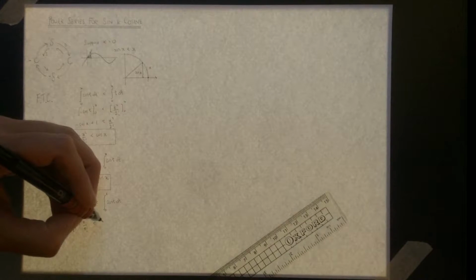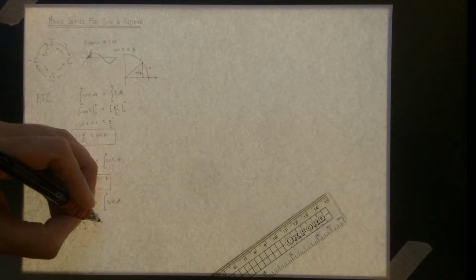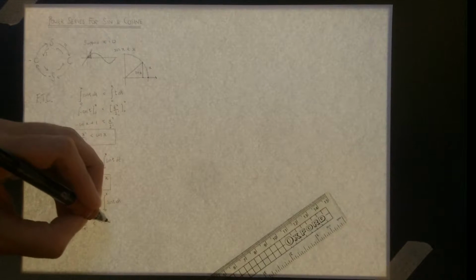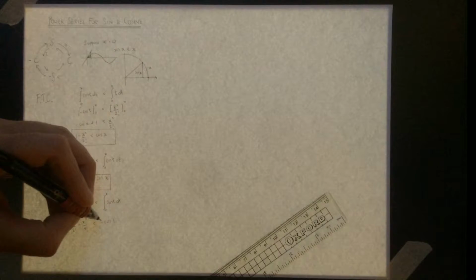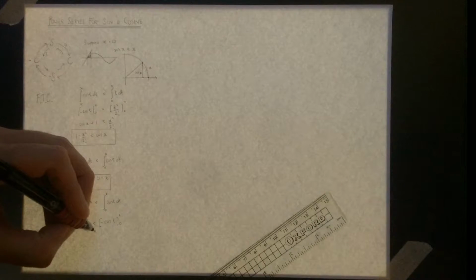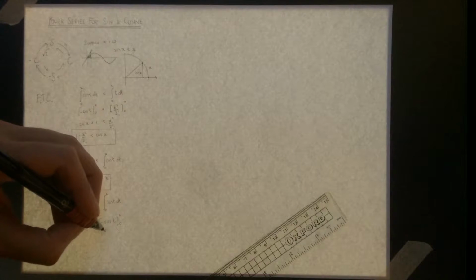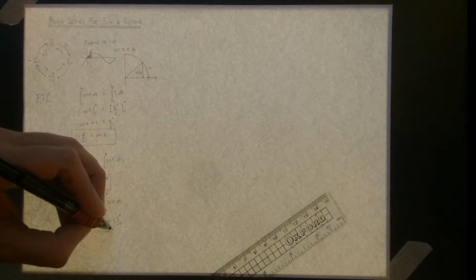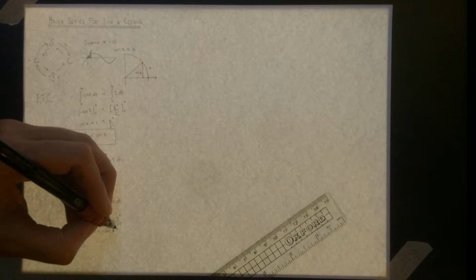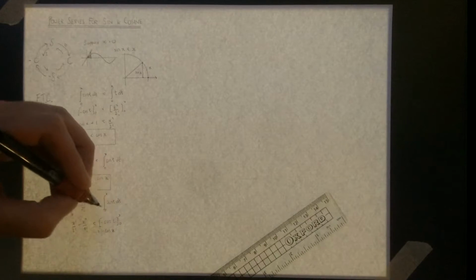It is less than, sine t integrates to minus cos t between x and 0, which is minus cos of x minus cos of 0. Cos of 0 is 1, so it's minus minus 1.